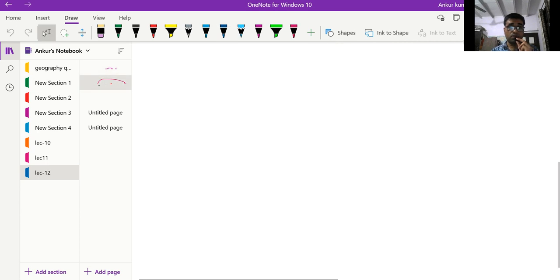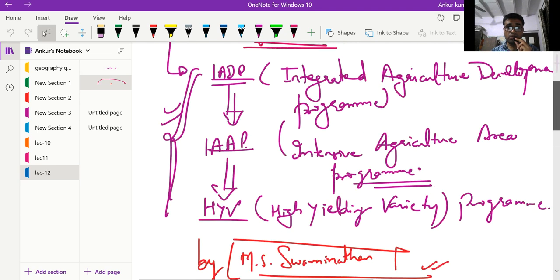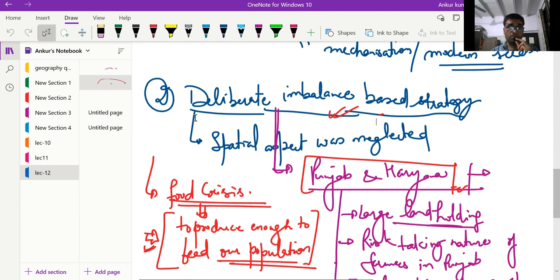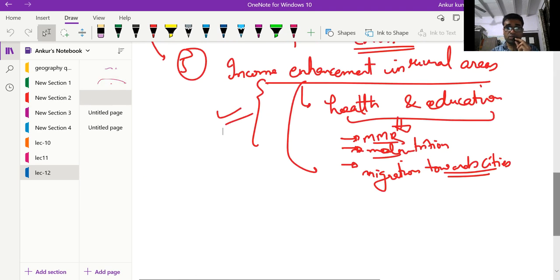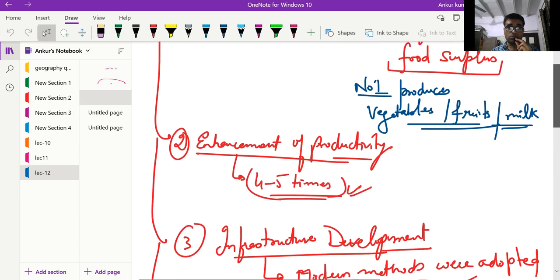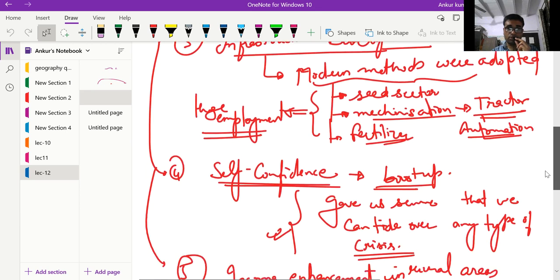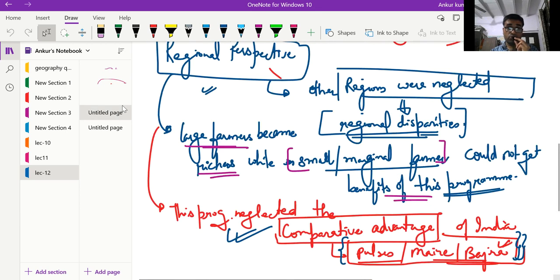So we started with how we adopted the strategies, what strategies we adopted. Okay, the deliberate imbalance strategy and the mechanization strategies. Then we discussed the second part, that is the outcomes. Then the five outcomes that we discussed: productivity enhanced, infrastructure developed, confidence boost, and the income improvement and its positive effects. Then we discussed the negative effects.